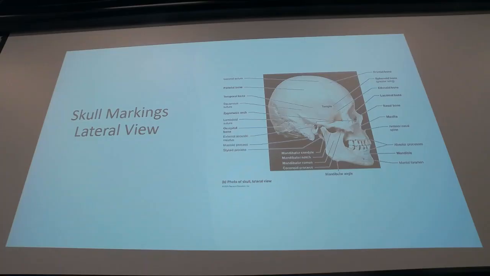The connection between frontal with parietal, which one is called? This one in here. How is it called? The connection between frontal and parietal. Read it for me. Coronal. Another name is frontal suture.